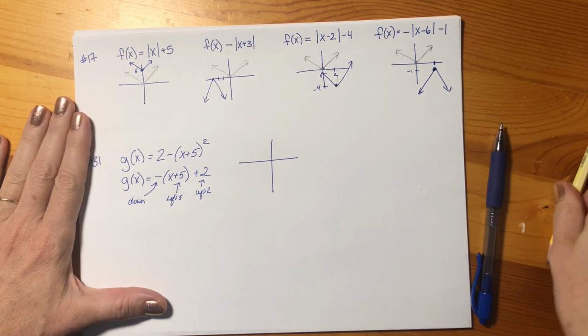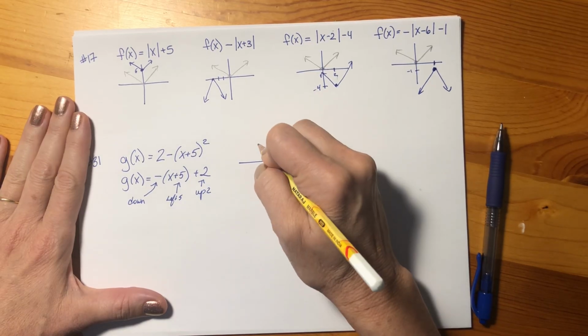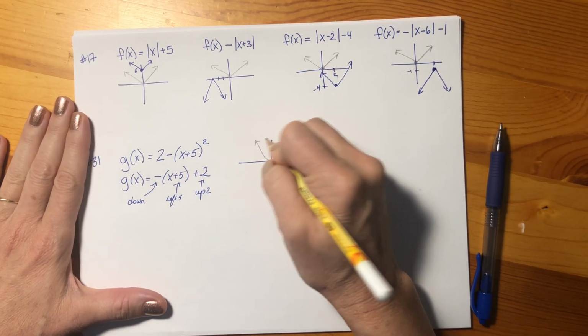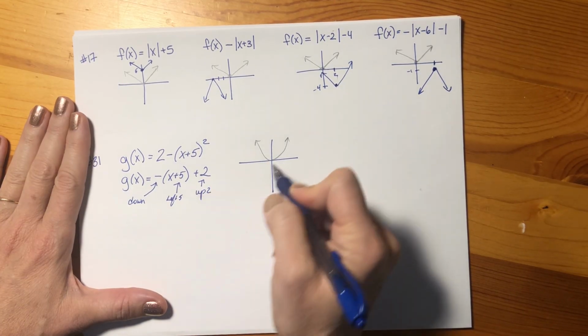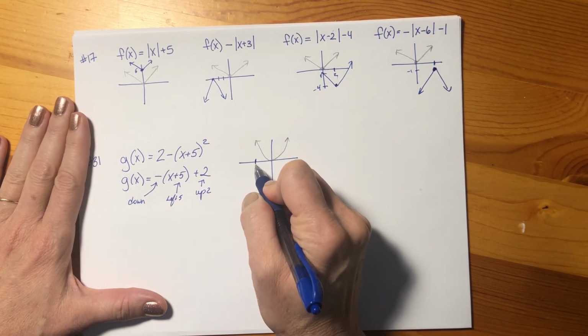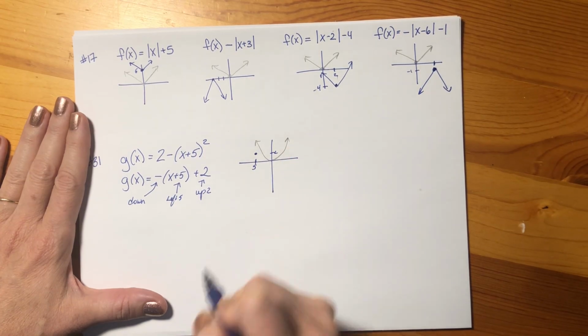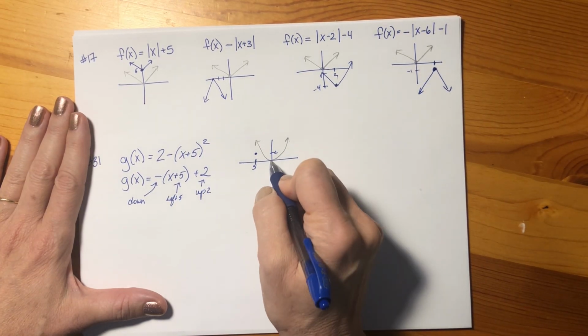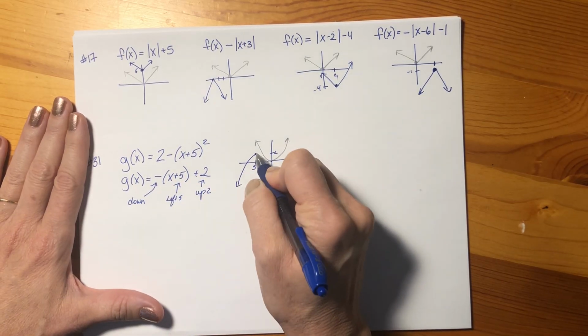My regular parabola, my beautiful parabola, my parent function, which I'm going to just sketch right here in pencil. Okay. I'm going to start here with my left 5. So I move to the left 5, and I'm going to move it up 2. There it is right there. That's my vertex. And then my negative sign is going to flip the whole thing down.